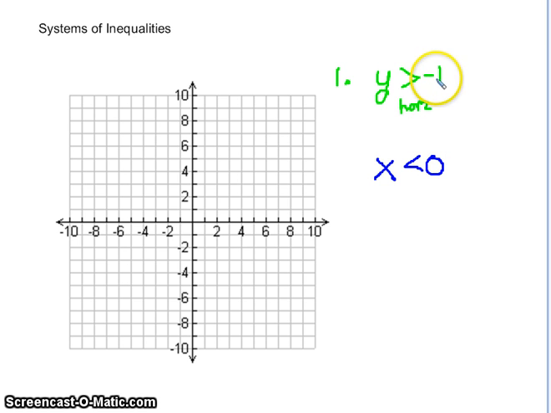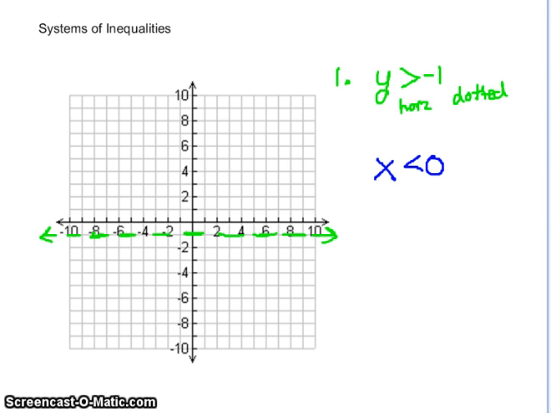It's going to be a horizontal line at -1, and it is going to be dotted because we don't have an equal to sign here. I hope you didn't forget that already. So I'm going to dot my line in. Here is my y is equal to -1. All the way across I have a dotted line.